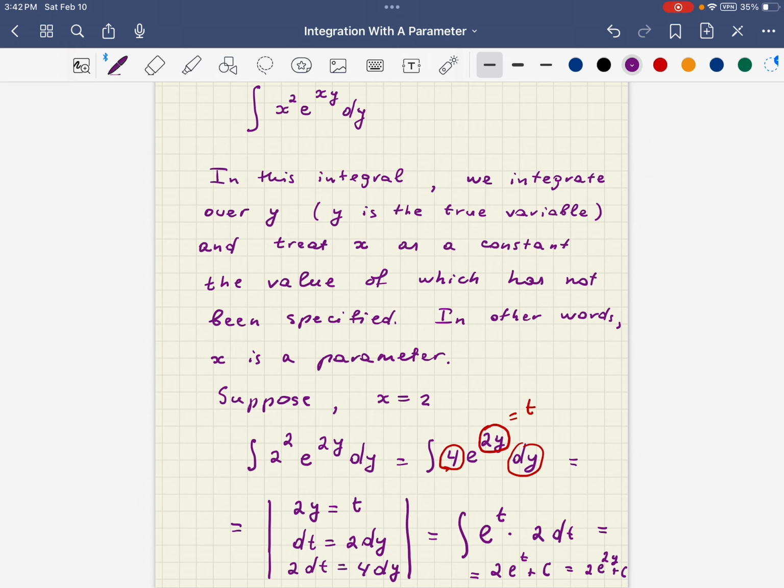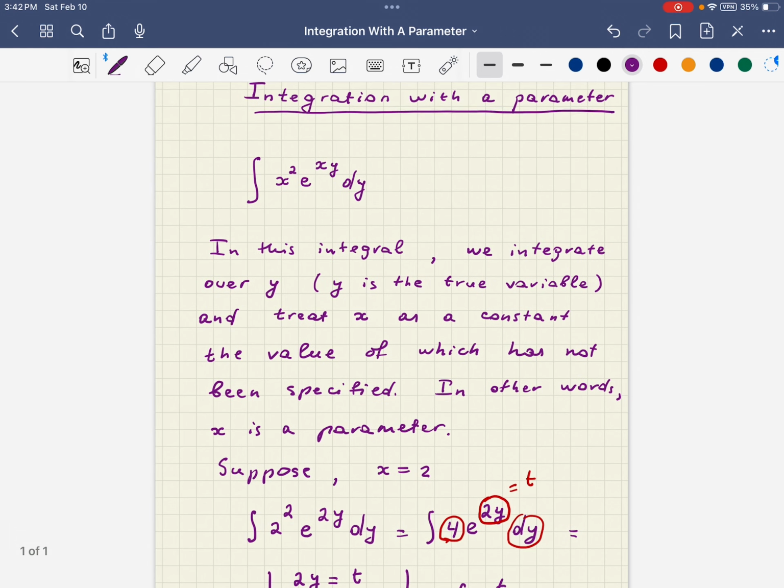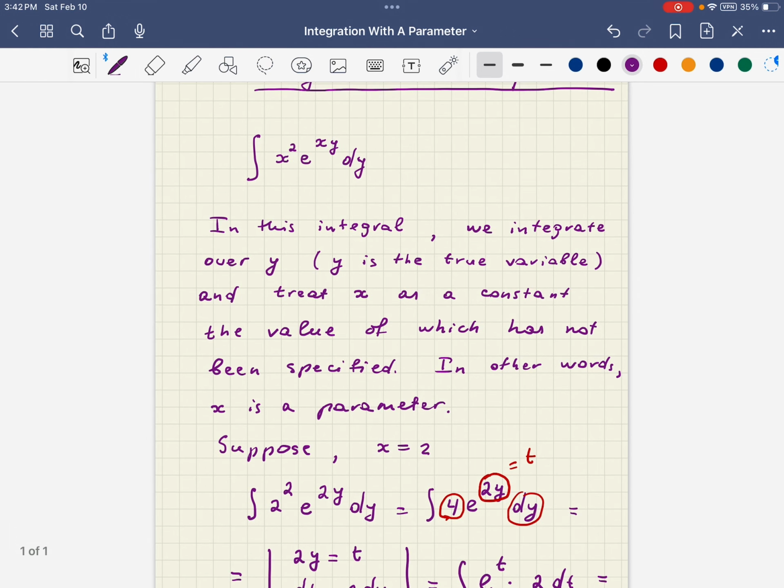Okay, so we basically computed the integral that we started with, but just for one specific value of x, when x equals 2. The calculation of the integral for any other value of x is going to go very similar. And in fact, the calculation of the integral with x in place of a specific number will also go very similar.